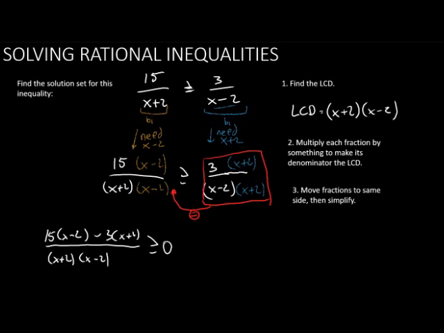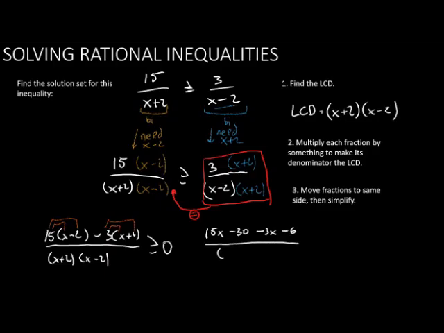Now we simplify the numerator. We'll have 15 times x and 15 times negative 2. 15 times x is 15x, and 15 times negative 2 is negative 30. Then we'll take negative 3 times x and negative 3 times positive 2. Negative 3 times x gives negative 3x, and negative 3 times positive 2 gives negative 6.